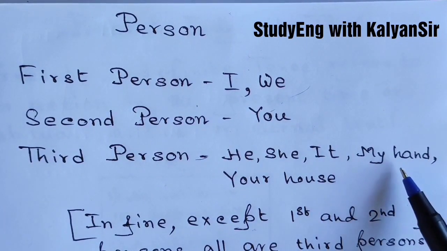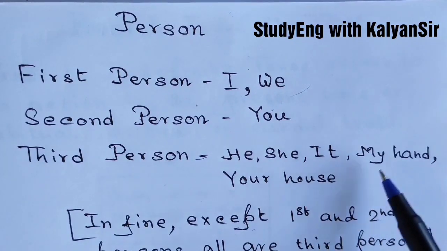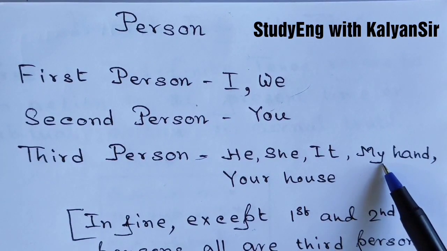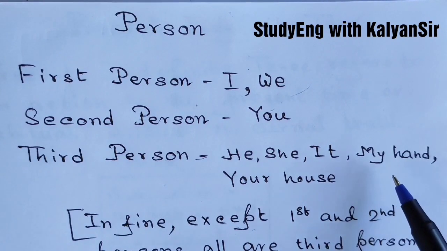Now I'll talk about my hand a little bit because here the students get confused. There are some students who get confused and they think that as my is written, so it must be the first person. But actually it is not so. I'll make that out clear by telling you a trick.